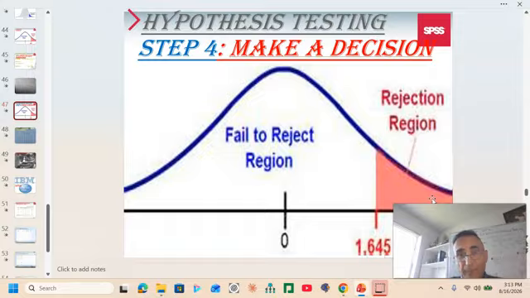But if instead of 6.66, we come out with, let's say, 1.2, then we are in a fail to reject region. We fail to reject the null. So any number greater than 1.645 is rejection. We reject the null.